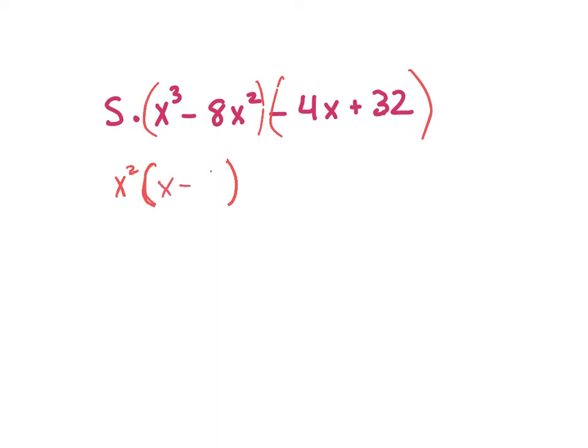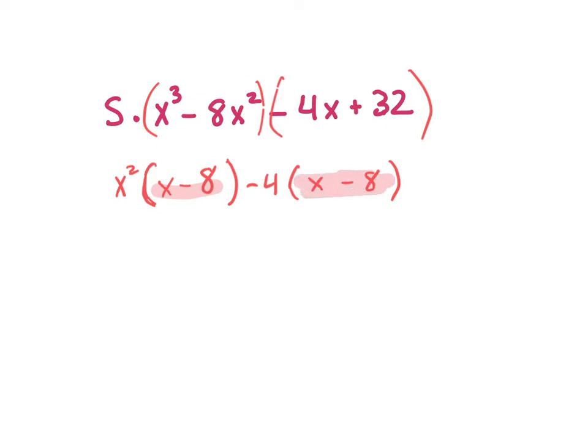And then what can we take out in the second group? Negative 4. Perfect. Because then that will leave us with an X minus 8. So we have the same thing on the insides, which is what our goal is.